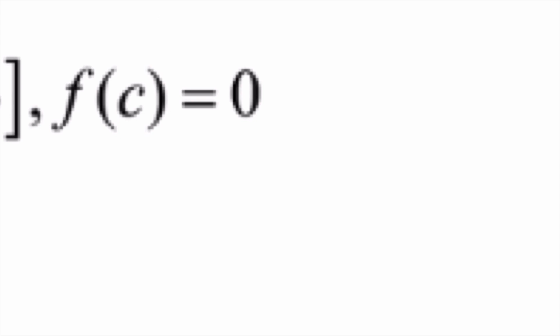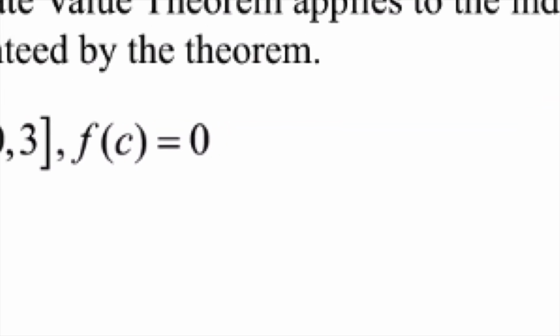Do we know what that is? No. Equals 0. What does that mean? What is 0? The y value. So 0 is the y value. Then what is c? The x value.